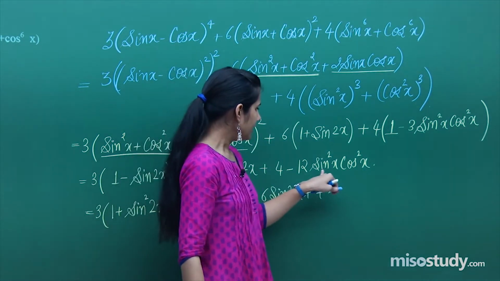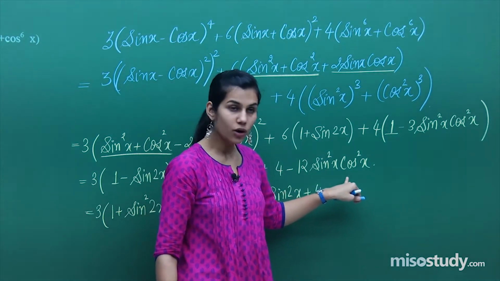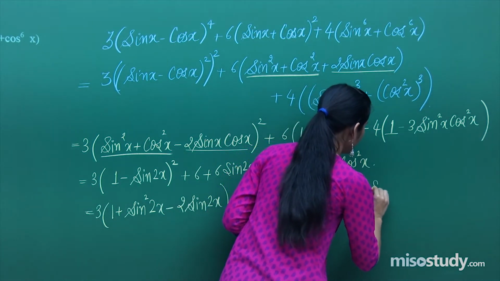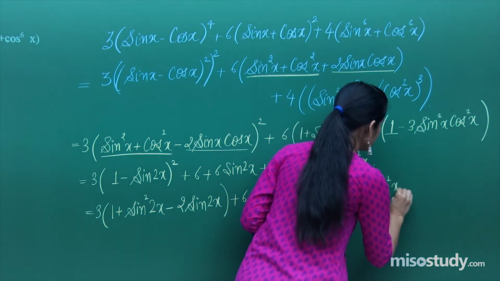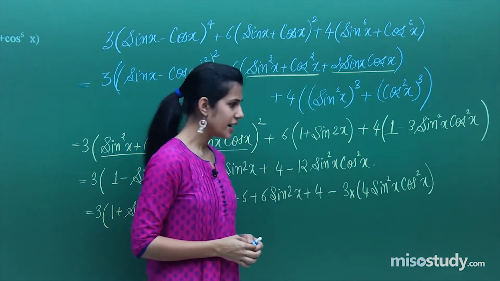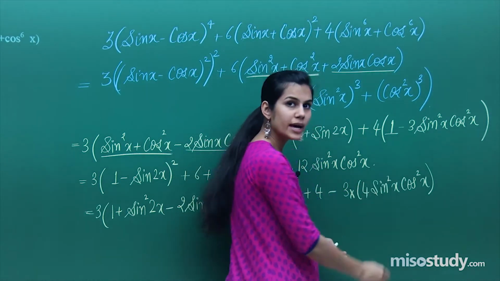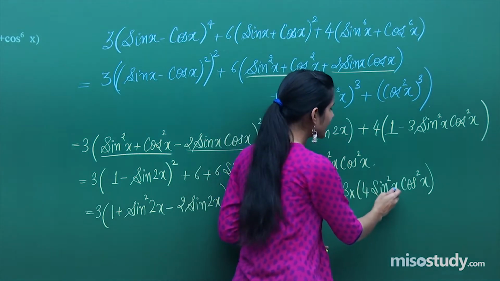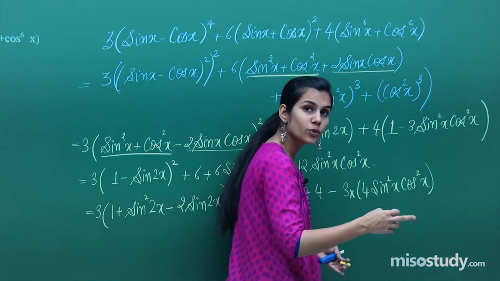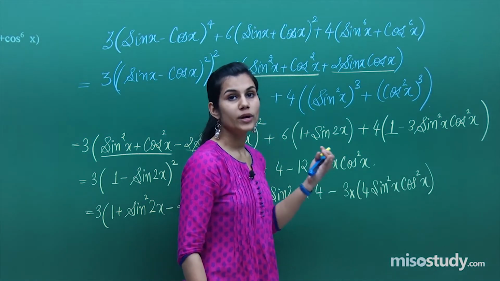Now see, here I can reframe it as 2 sin x cos x. How? If I just break it as 3 into 4 sin square x cos square x, I can write it like this. 3 into 4 is 12. 4 can be written as 2 square. So you have 2 square sin square x cos square x, which means (2 sin x cos x) whole square. That means (sin 2x) whole square, which is sin square 2x.